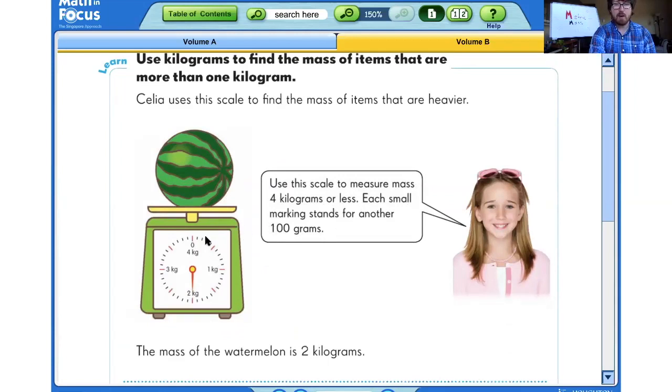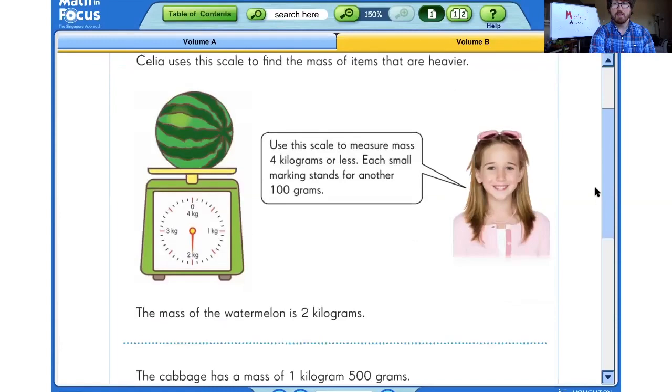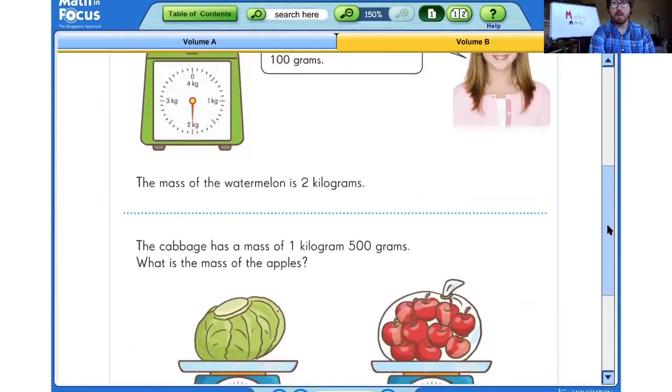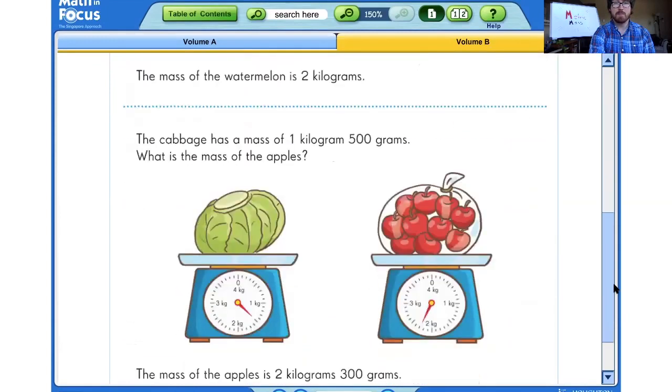And let's see what the marking is. So you have 0, 1 kilogram, and 2 kilograms. And if it went all the way around, it'd be 3, 4 kilograms if the arrow was pointing straight up. So that watermelon weighs 2 kilograms.